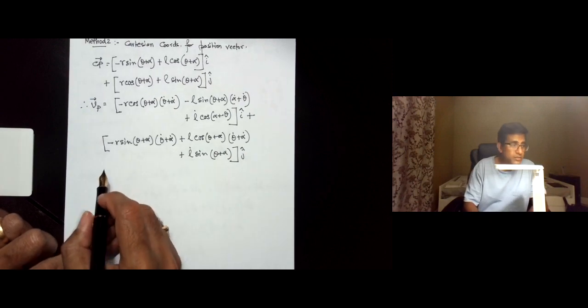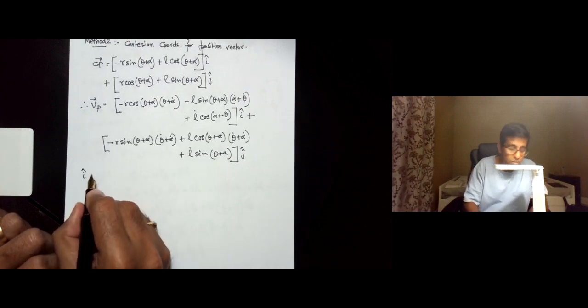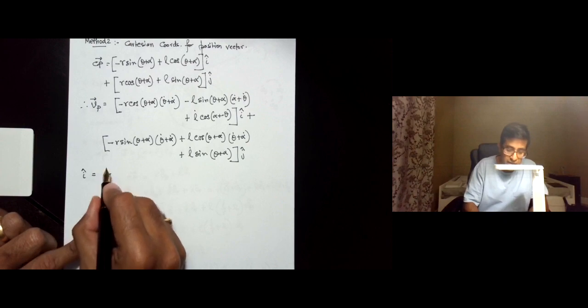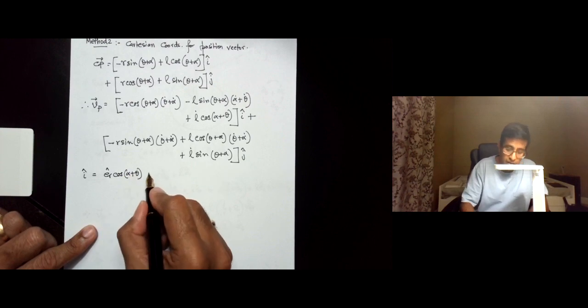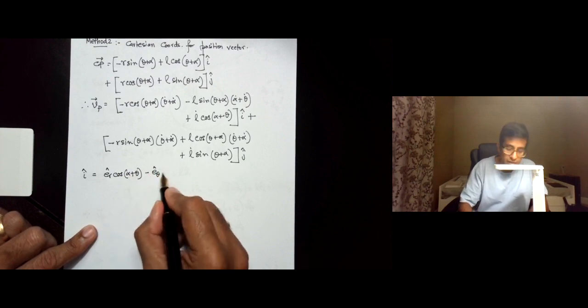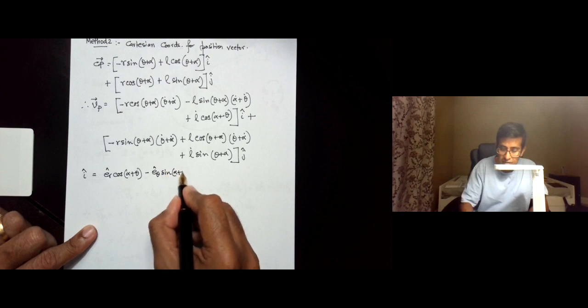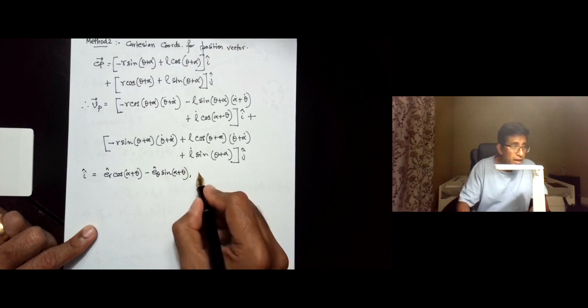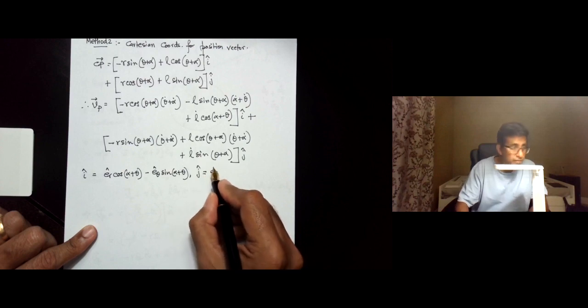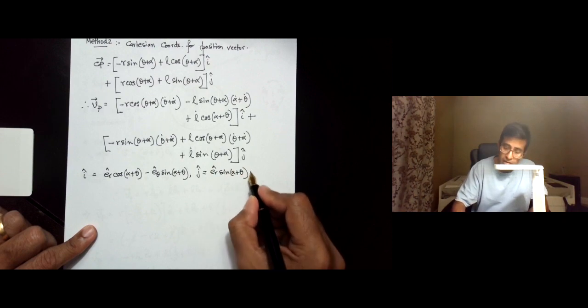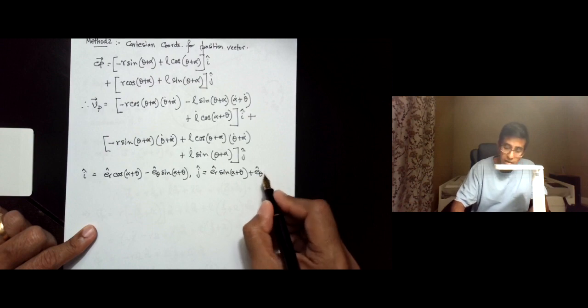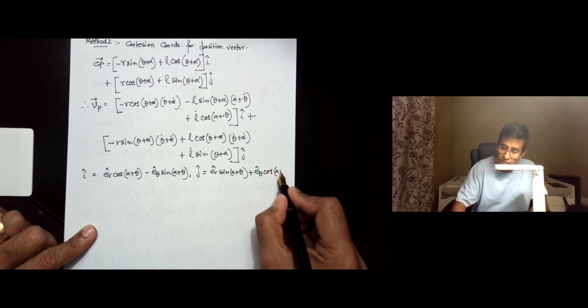In the previous video, video 16, I had shown that i can be expressed as er cosine of alpha plus theta minus e theta sine of alpha plus theta, and similarly the unit vector j can be expressed as er sine alpha plus theta plus e theta cosine of alpha plus theta.